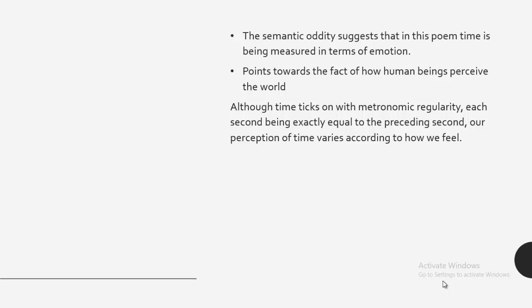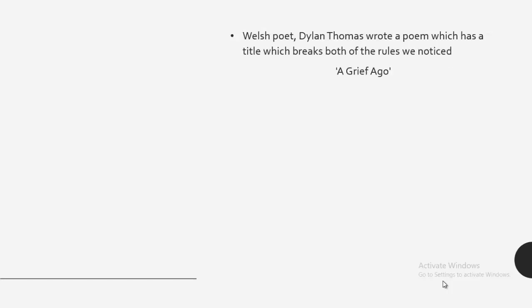It also points towards the fact that human beings perceive the world according to the emotion they are feeling at that time. So if they are happy, time might seem to go very fast, and if they are sad or unhappy or waiting for something or someone, they would feel that time is passing very slowly. That is something this poet might want to communicate to the readers by putting grief in this phrase and saying a grief ago.